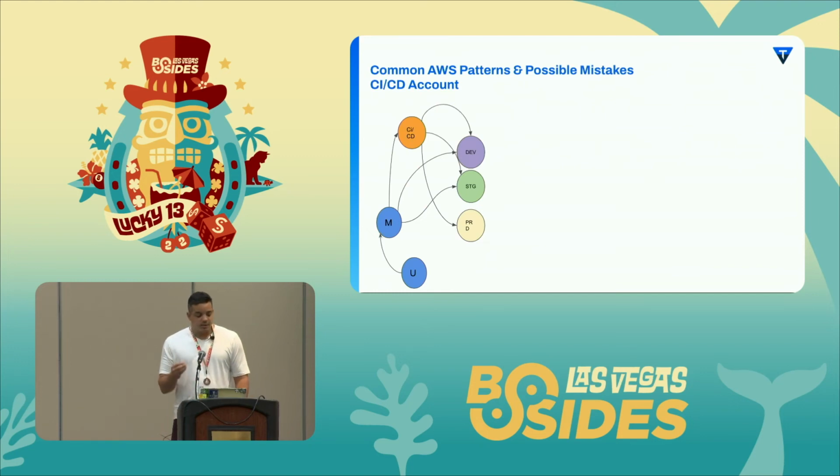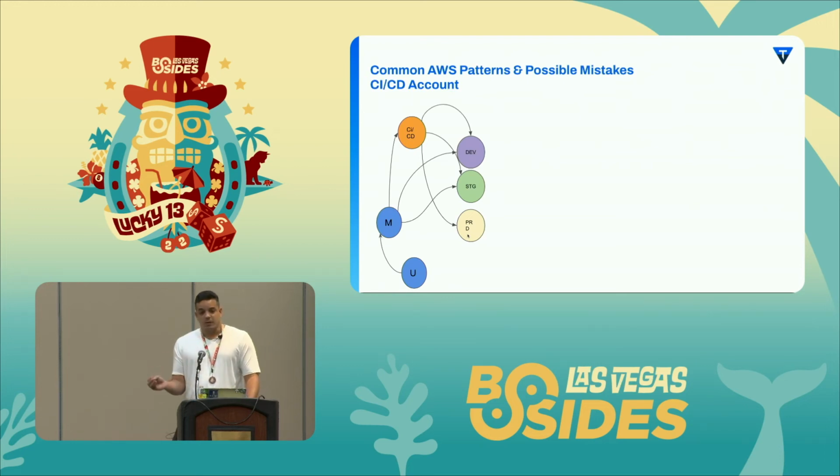There is another pattern that we call the CI/CD account. You have a master account and a CI/CD account, and this CI/CD account deploys to the dev, stage, and prod accounts. A user in the master can access dev and stage, but usually can't access the prod account.